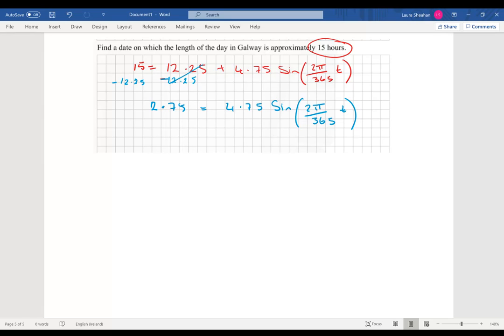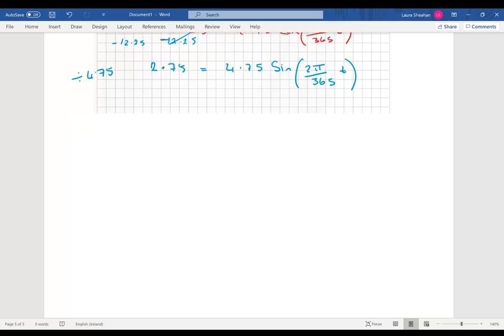Then I want to get rid of the 4.75, so divide both sides by 4.75. I am going to leave this one as a fraction, so that's 11 over 19 is equal to sine 2 pi over 365 t.